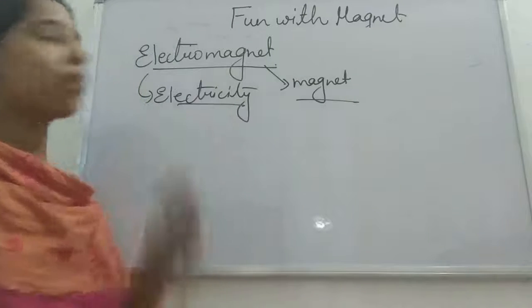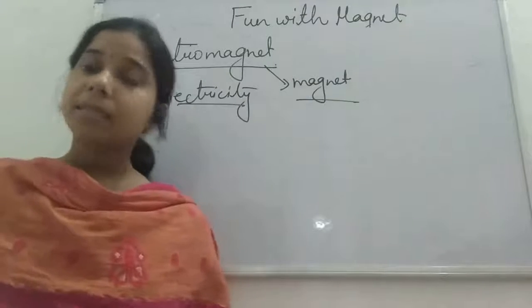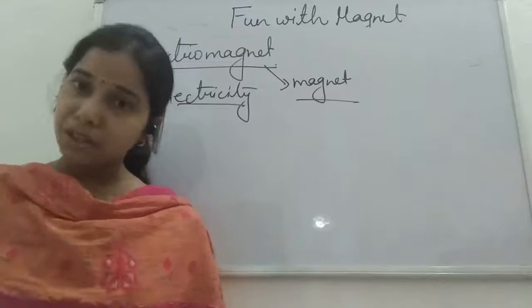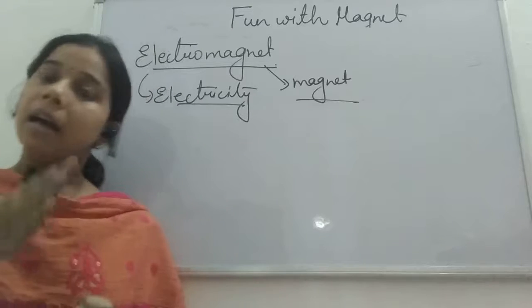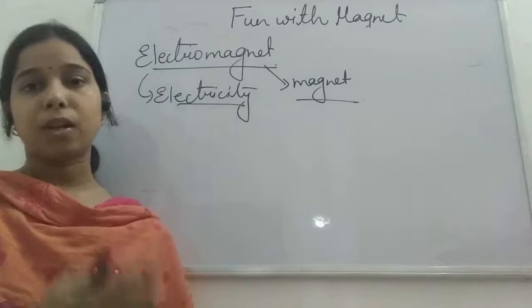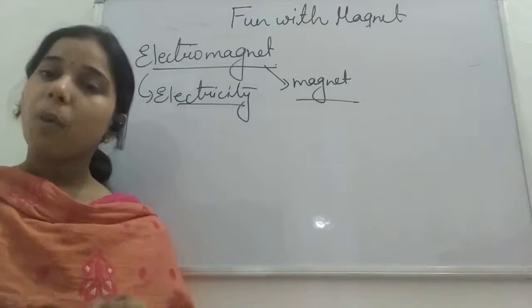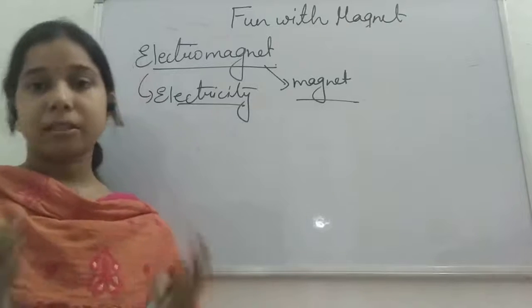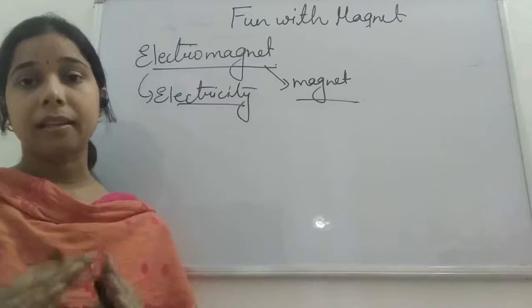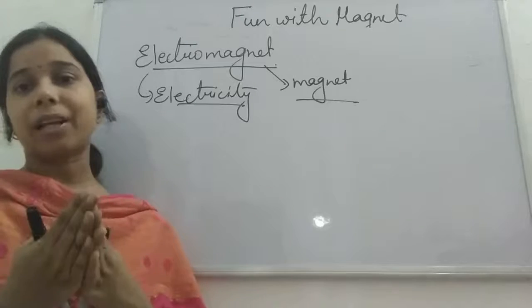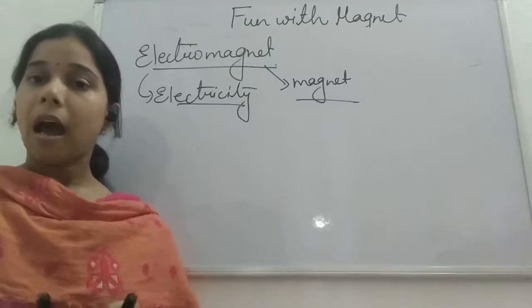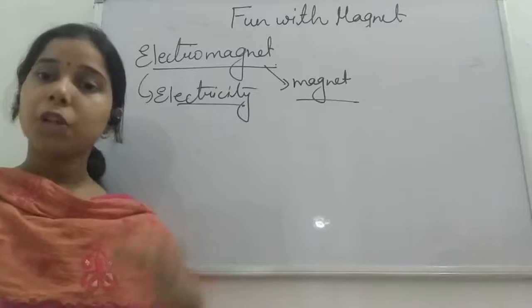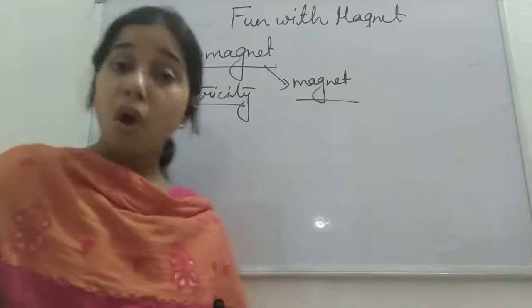In the case of an electromagnet, the magnet is prepared artificially by giving electricity to that particular material. As we provide electricity, this electricity helps in creating magnetism inside the material, and thus it starts behaving like a strong magnet.